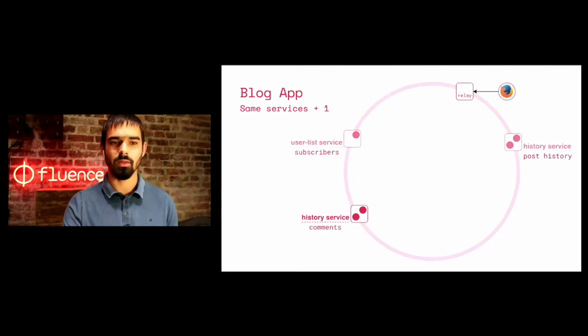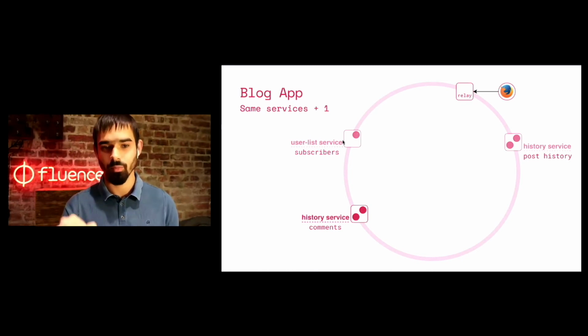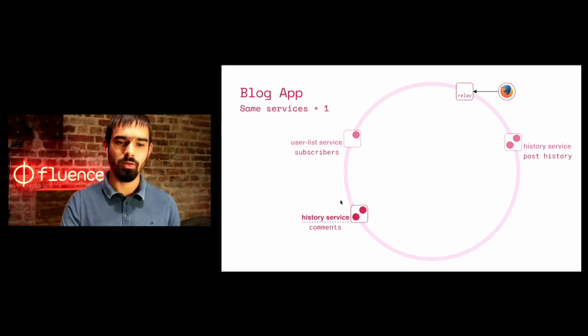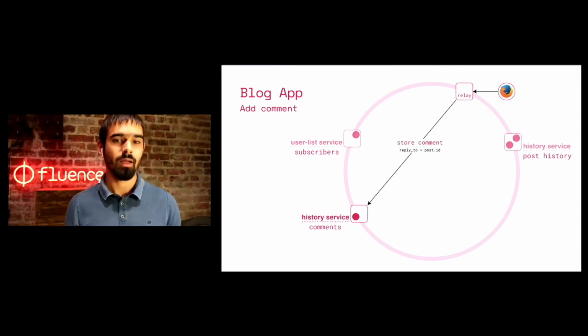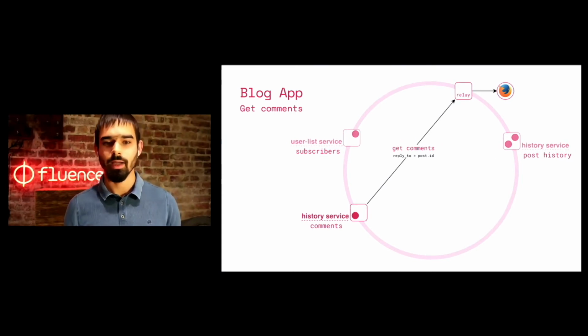So the network map will look like this. We have all the same services from the feed application, which were already deployed. And we deployed a new service, a history service, for the comments. We can store comments like replies to the posts stored here. We can get comments.